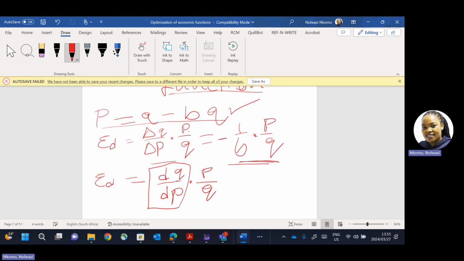Remember, this is the derivative. So if you are given a linear function like this, this is what you'll use. But if you are given a nonlinear function, you'll use the derivative of q with respect to p times p over q. Please do not confuse these two.